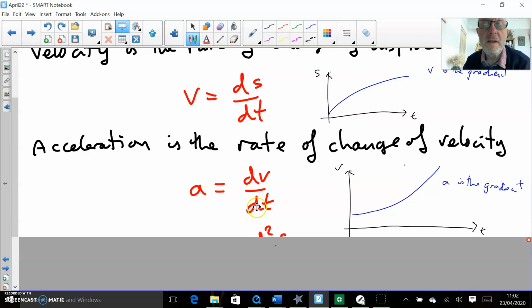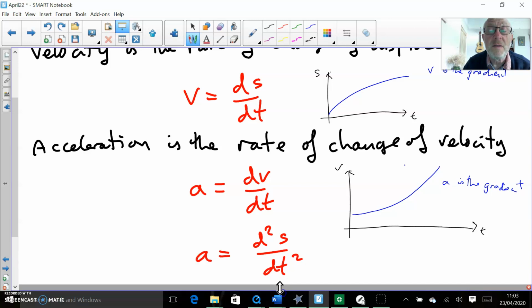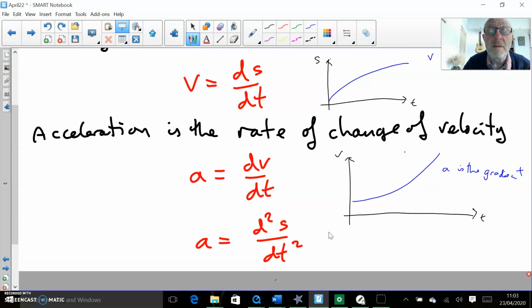So a is dv by dt, but v is ds by dt. So a would be d by dt of v, which is d by dt of ds by dt. That's the second derivative of s, so we can also express a as d2s by dt2.